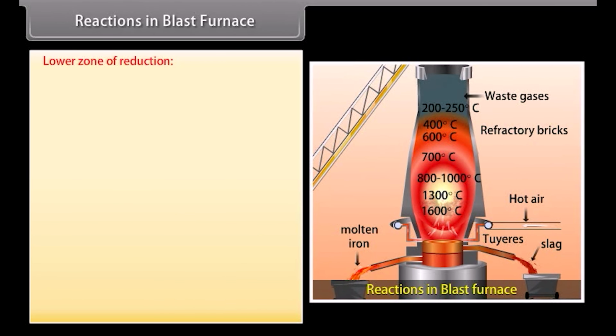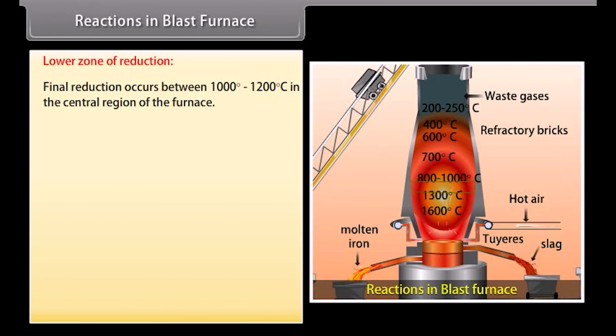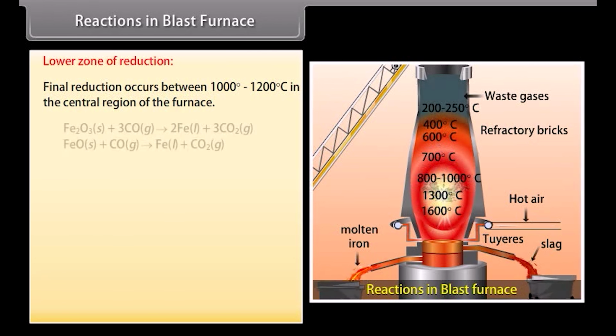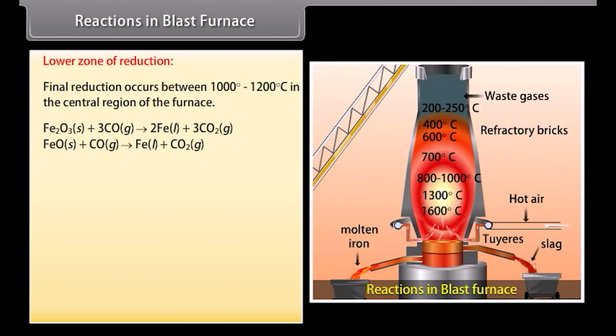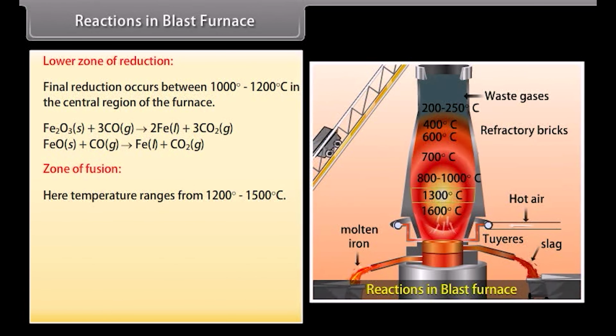Lower zone of reduction. Final reduction occurs between 1000 degree to 1200 degree Celsius in the central region of the furnace. Carbon obtained by dissociation of carbon monoxide combines with iron and impurities also get dissolved in molten iron. Zone of fusion. Here, temperature ranges from 1200 degree to 1500 degrees Celsius.